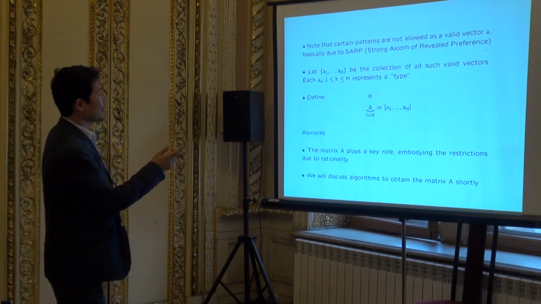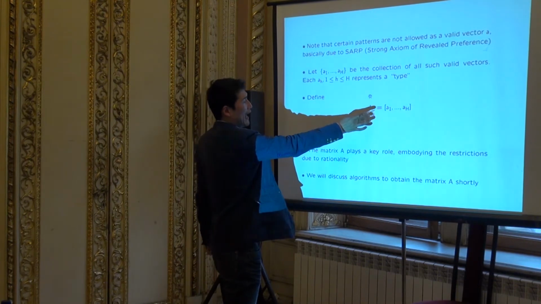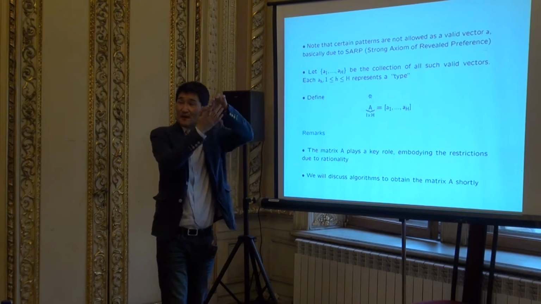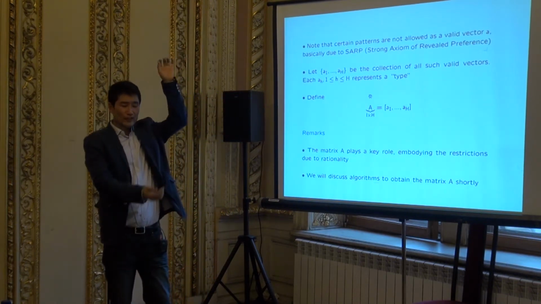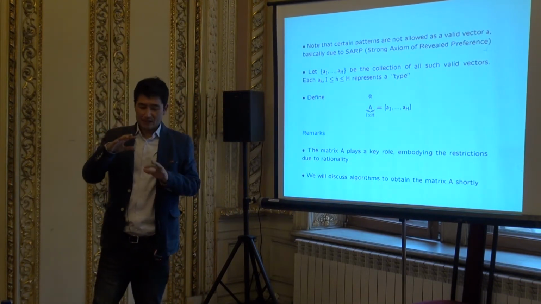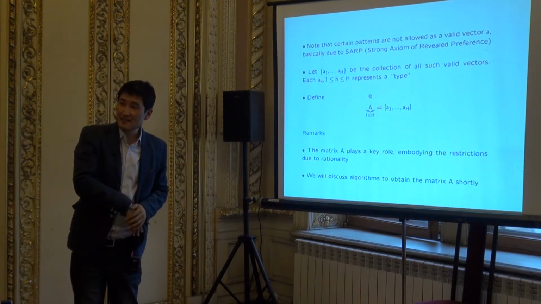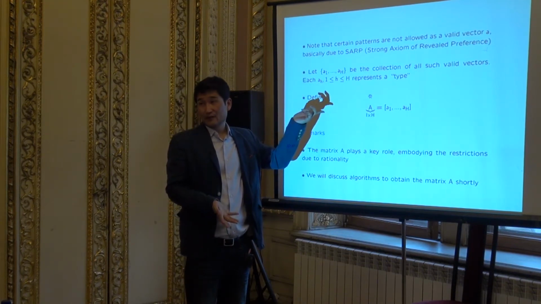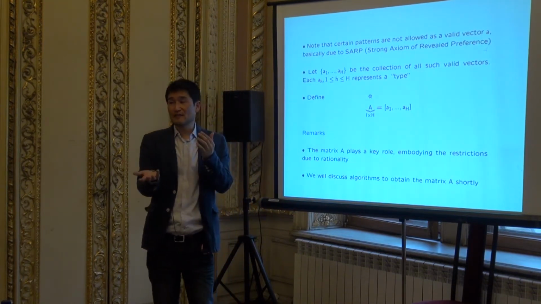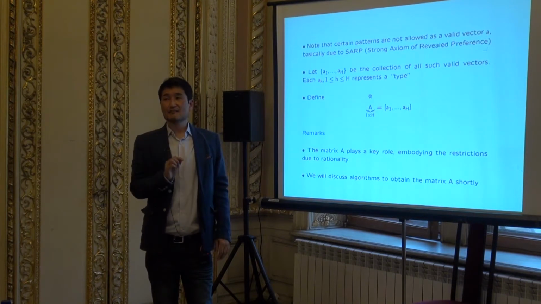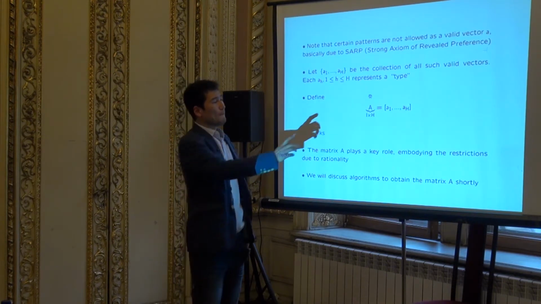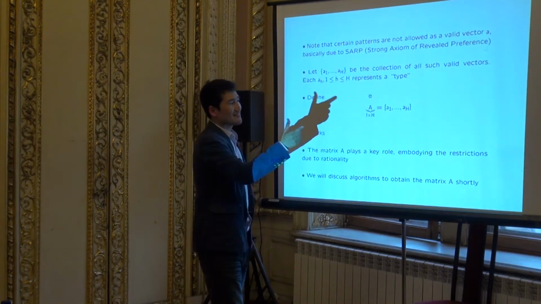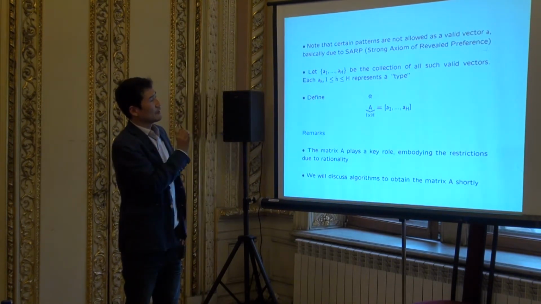So that's what I'm saying here. Even though this is I, capital I, a very rich space of choice patterns, still some patterns are not allowed because of this revealed preference. Standard revealed preference theory. So certain patterns should not be here, and that's exactly what we're going to use.